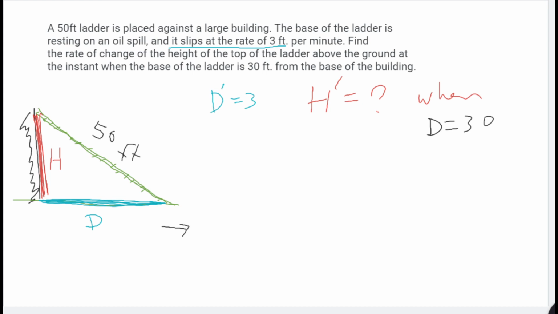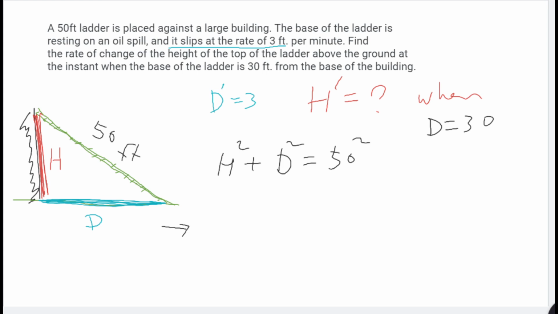The height of the ladder, the distance on the bottom, the length of the ladder, they are the three sides that form this right triangle. So we can use the Pythagorean theorem. That is H squared plus D squared equal to 50 squared.